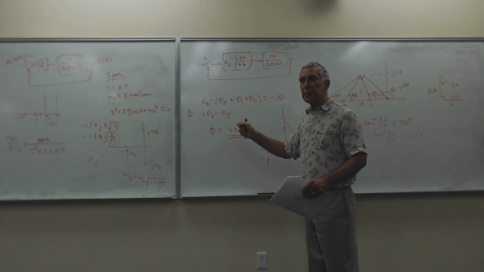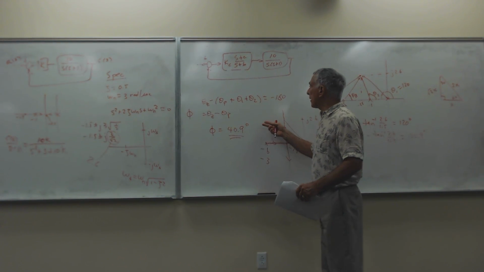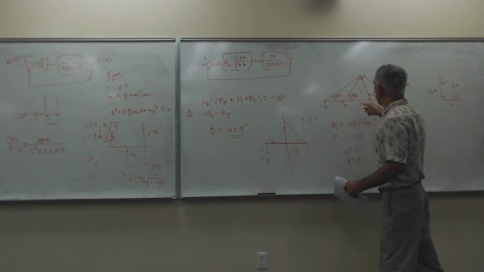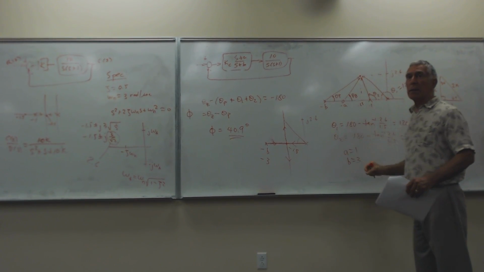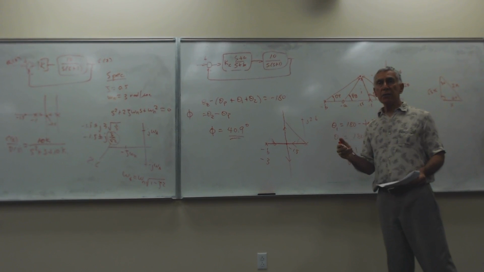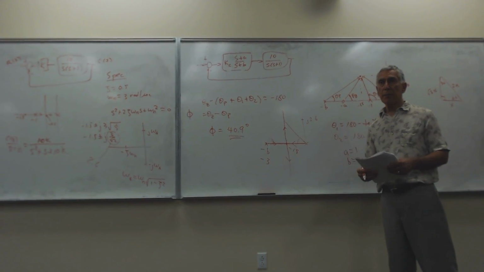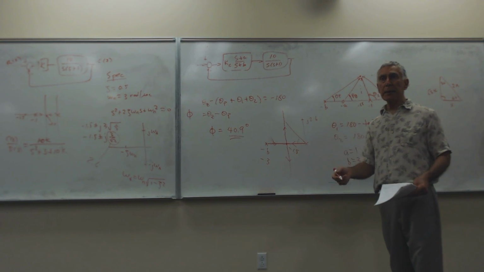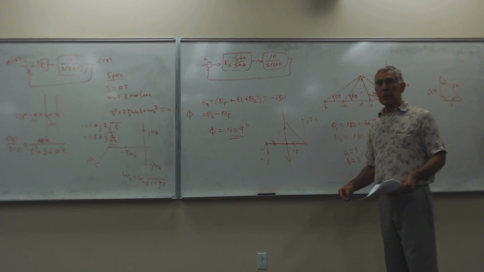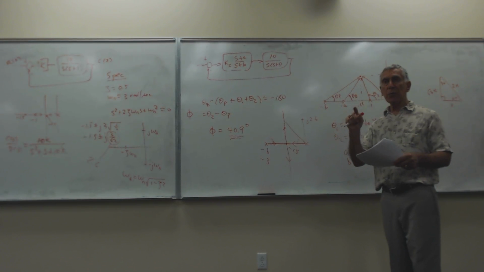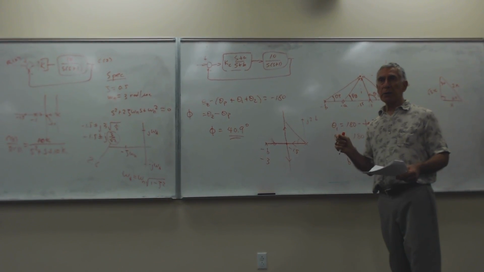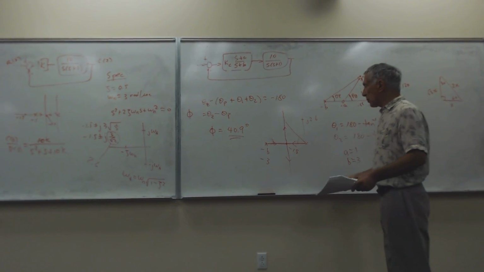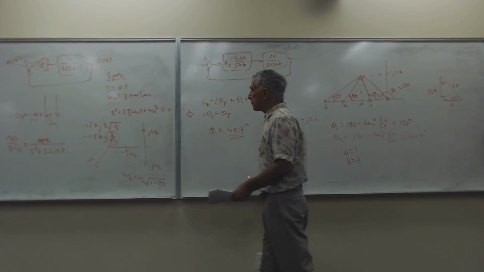What we did was we found A and B such that this point right here passes through the root locus. And so now we can find the gain K sub C that we have to adjust in order that it does go through that point. So we use the magnitude condition.